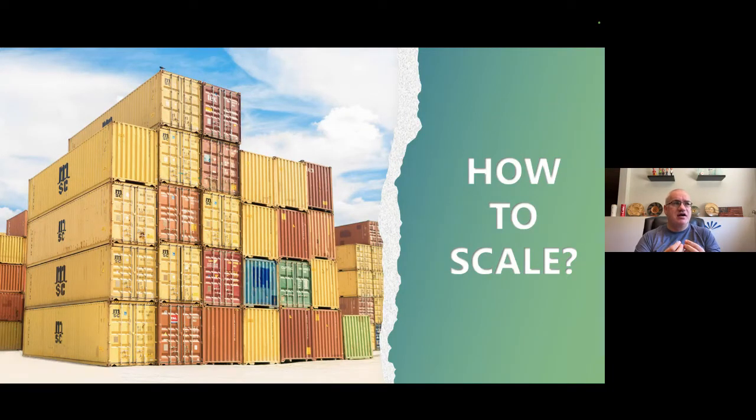Our unit of scale has gotten to the point where it's easy to add on additional units of compute. It's easy to add on additional units of storage capacity. And so all of these things have brought costs very much down and made it more efficient for delivering the same capabilities.